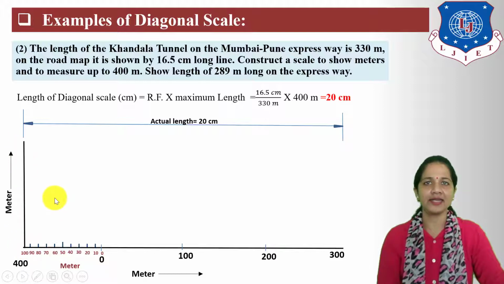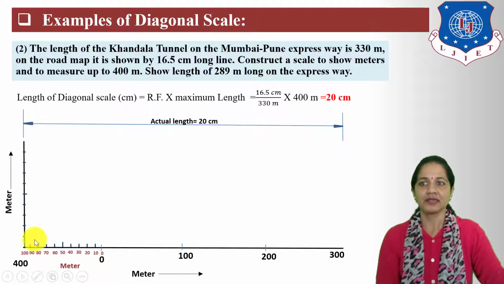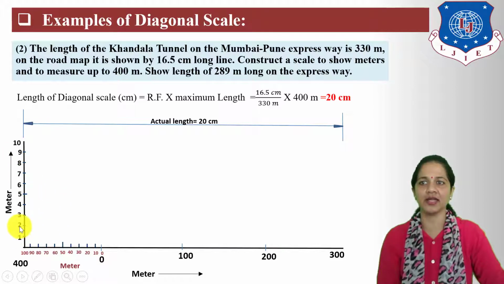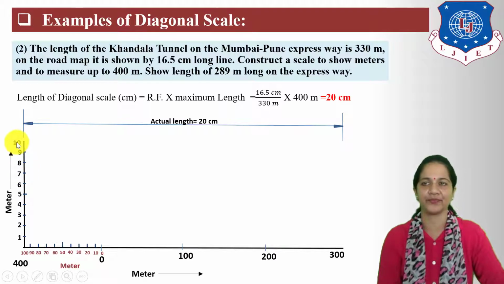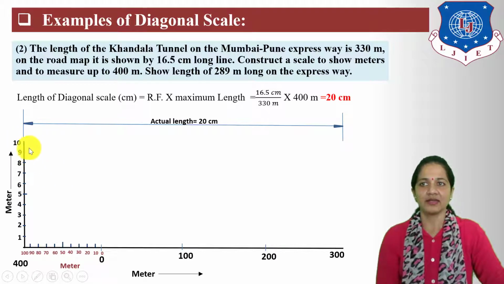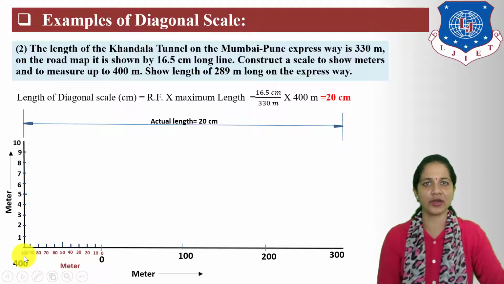This vertical line is divided into equal 10 parts and marked with the ones of meter as 1, 2, 3, 4, 5, 6, 7, 8, 9, 10. The size of a unit you can choose as either 0.5 centimeter or 1 centimeter.